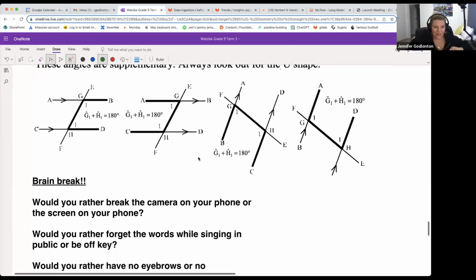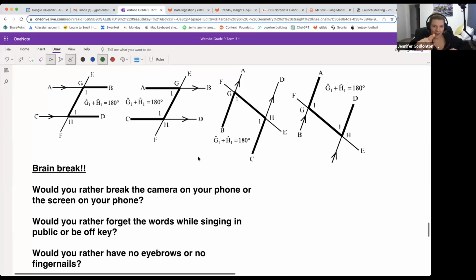Beautiful, let's go. Okay, your question is, would you rather have no eyebrows or no fingernails? Ma'am, I would rather have no fingernails. I think that's the right answer. What is your reason behind that? Ma'am, because not having eyebrows, it looks like you're not human. I agree. There's some people in here who are saying nails.